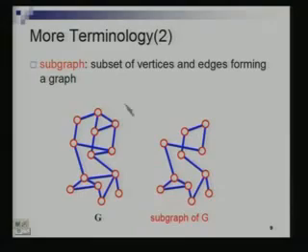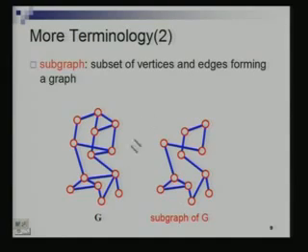Okay. Let us understand the notion of a subgraph. So, this is a graph on the left hand side. Suppose I take a subset of the vertices and of the edges such that the resulting thing is also a graph.